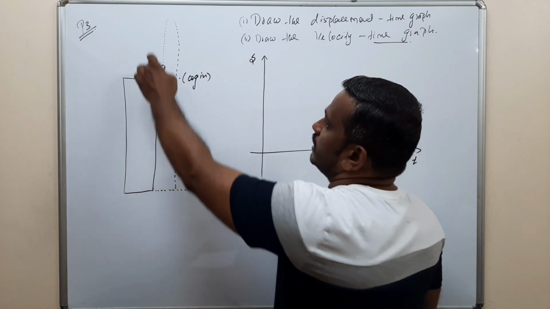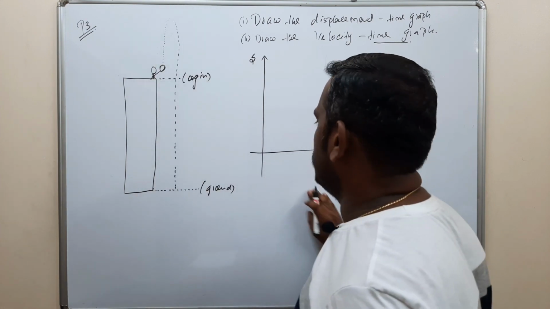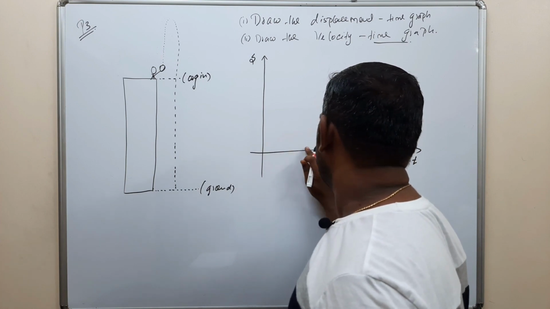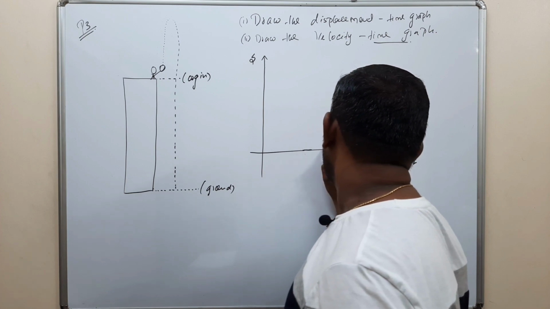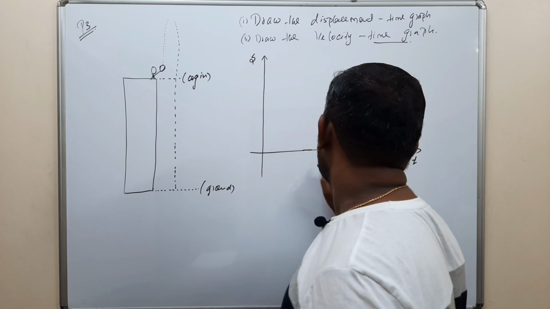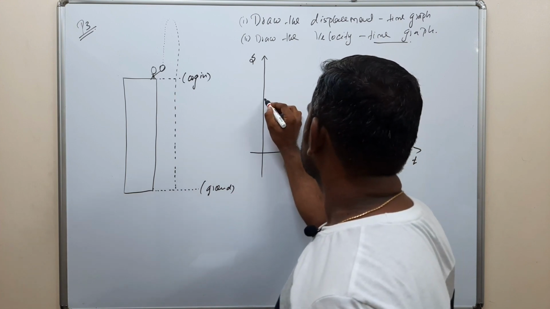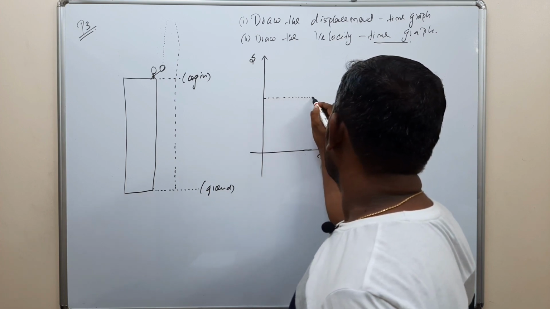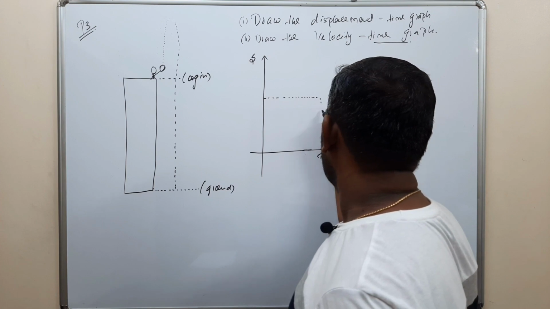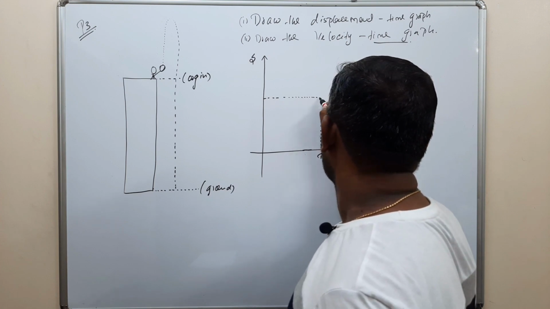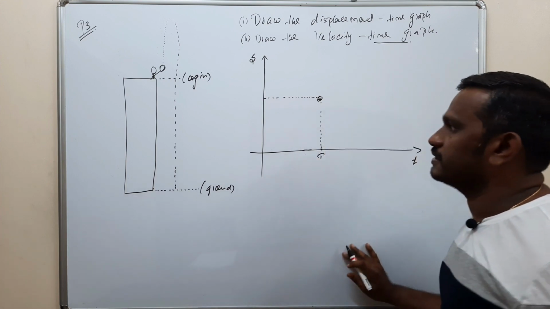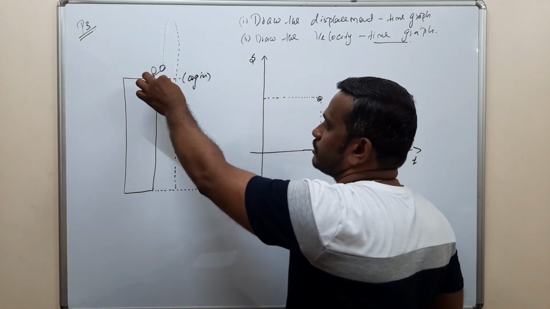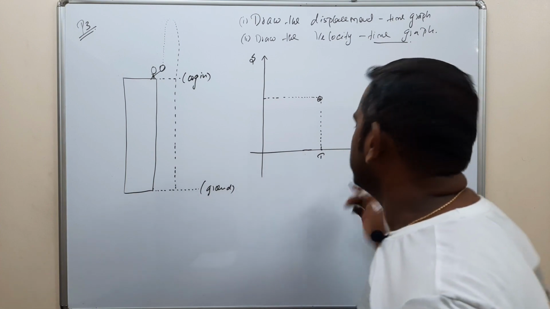At a time t, it reaches the maximum height. When it reaches the original position, that is the origin, the point of projection, that is time 2t.